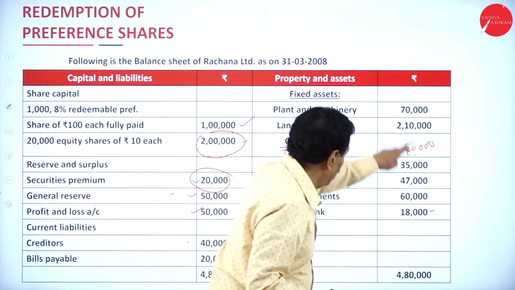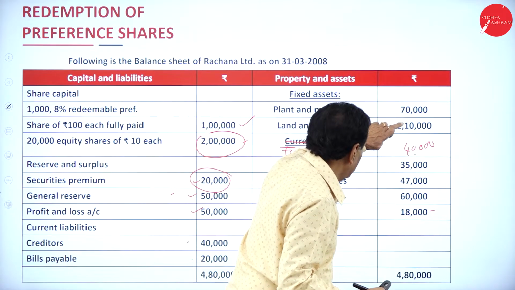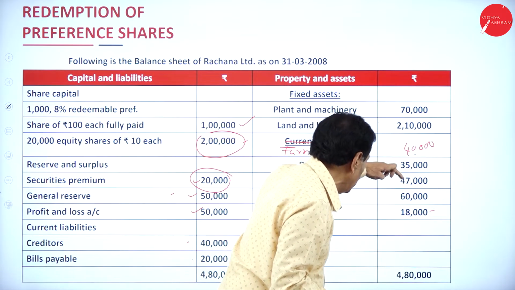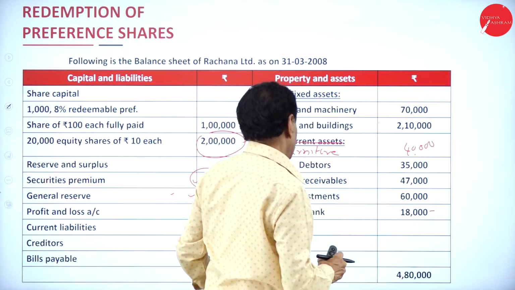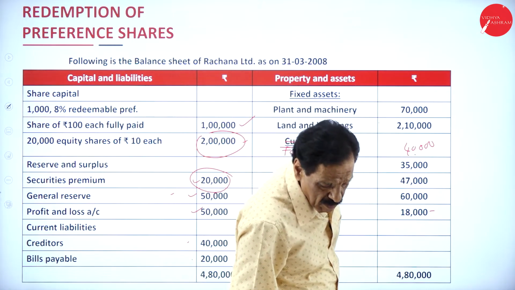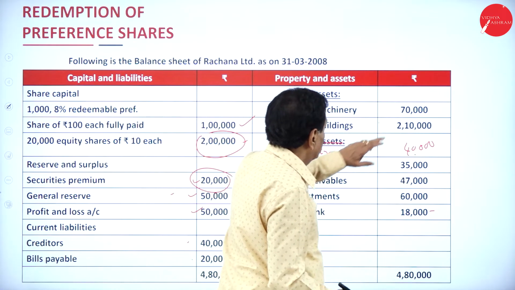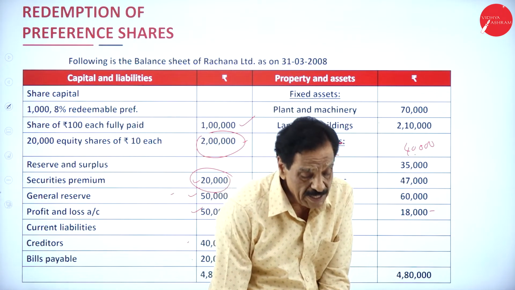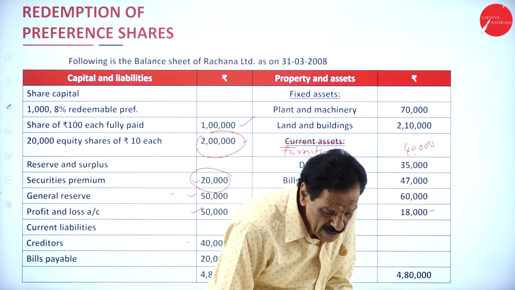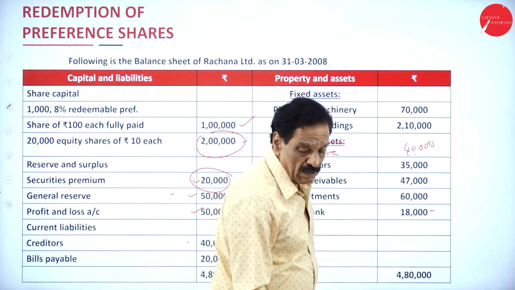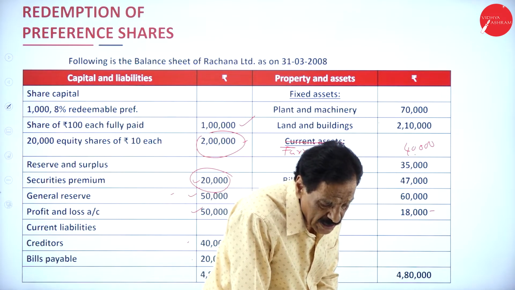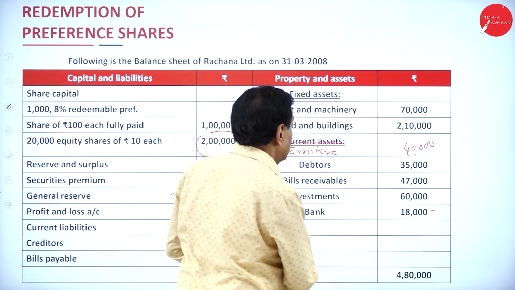If you add, it will come to 4 lakh, no, 4,80,000. So 70,000, 2,10,000, 40,000, then 35,000, 47,000, 60,000, then 18,000 here.